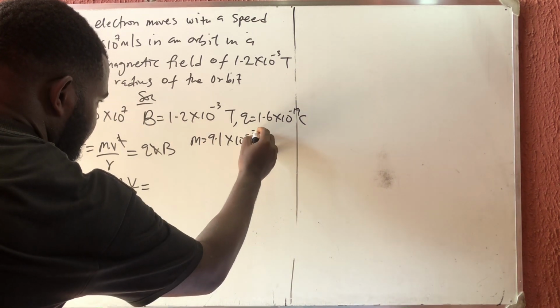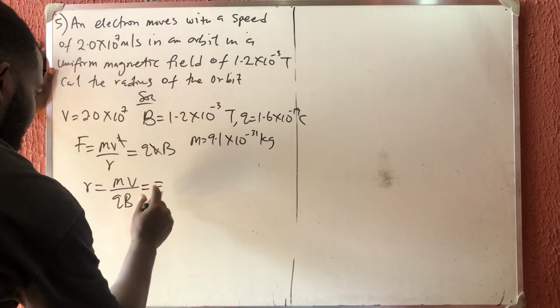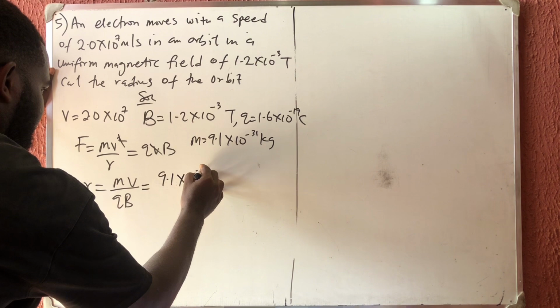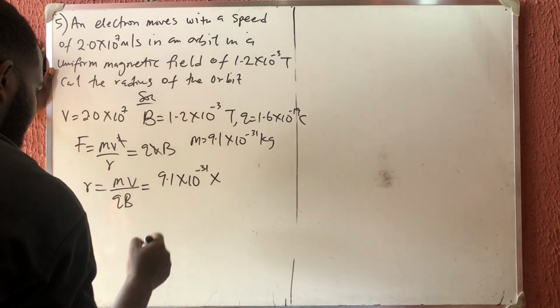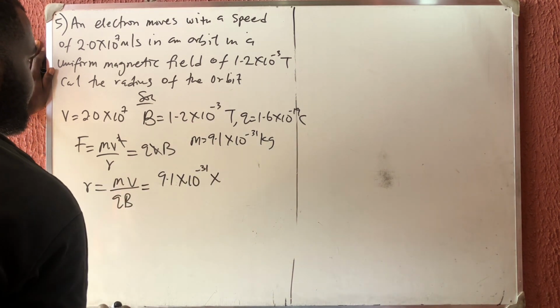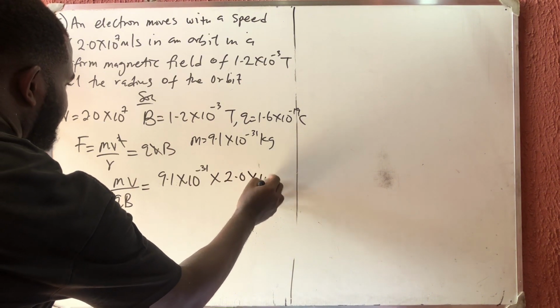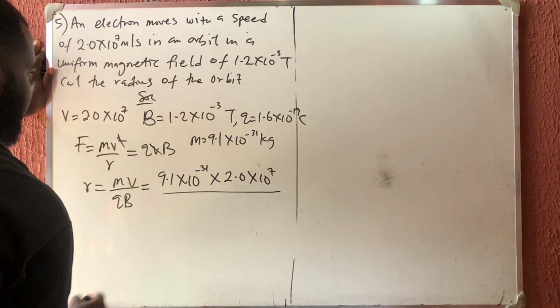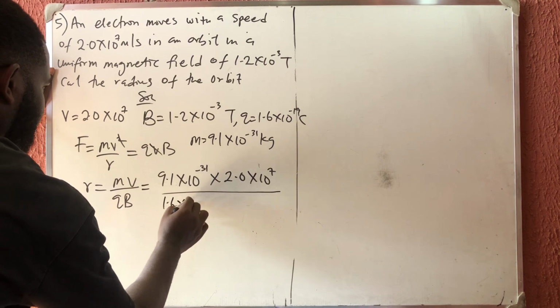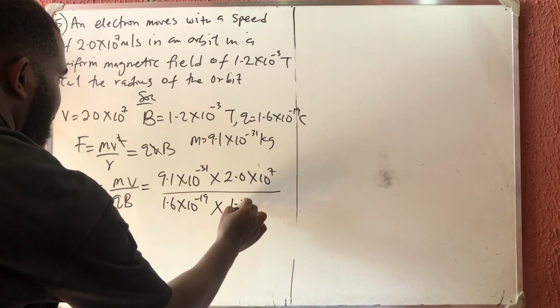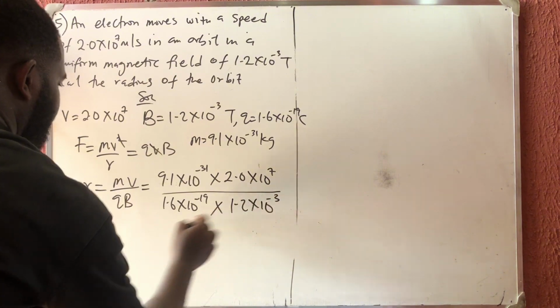If you put it here, you are going to have 9.1 times 10 raised to power minus 31 times the V they gave us, 2.0 times 10 raised to power 7, divided by 1.6 times 10 raised to power minus 19 times the B they gave us, 1.2 times 10 raised to power minus 3.